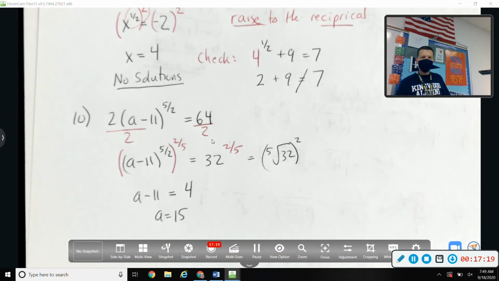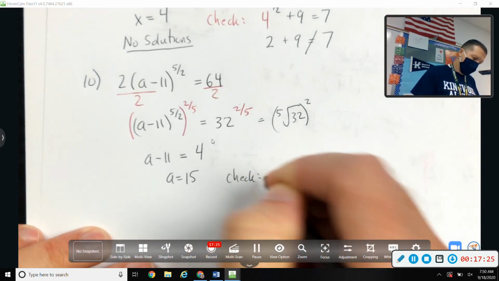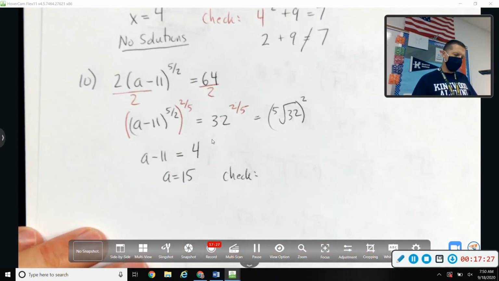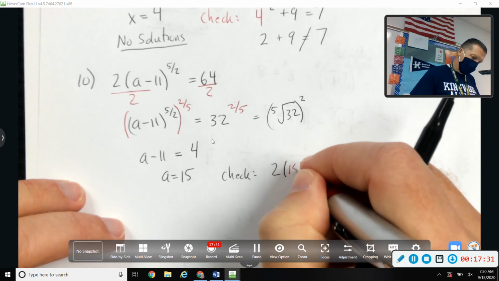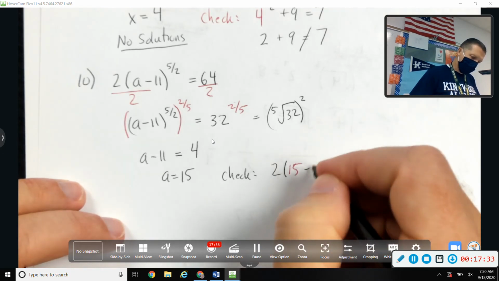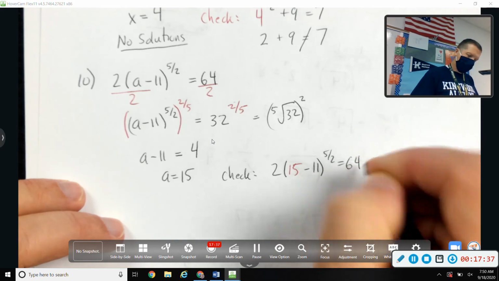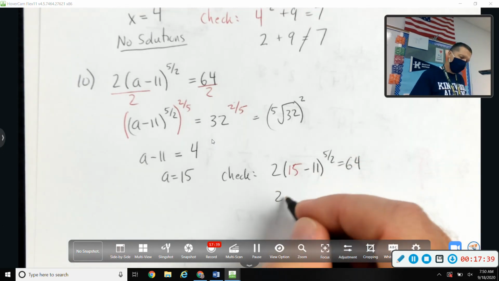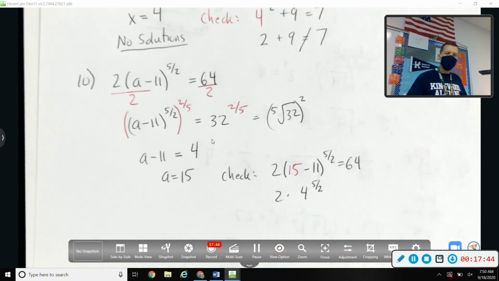A equals 15, we think, I guess I should say, because we have to check. Although I didn't see any negative numbers in here, so I bet it's going to work. But just to make sure. Let's see, 15 minus 11 is 4. 4 to the 5 halves.